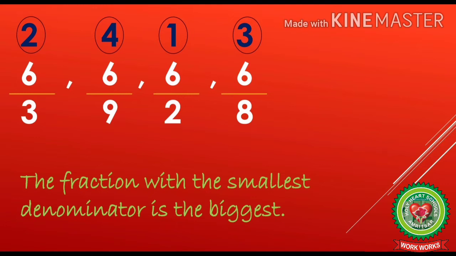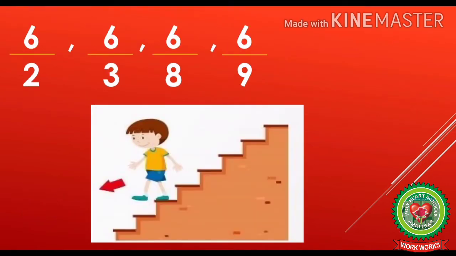That is 8. So, 6 upon 8 is the third one in the order. And 6 upon 9 is the fourth one in the order. So, now let us arrange the fractions in descending order according to the numbers. So, the descending order is 6 upon 2, 6 upon 3, 6 upon 8 and 6 upon 9.